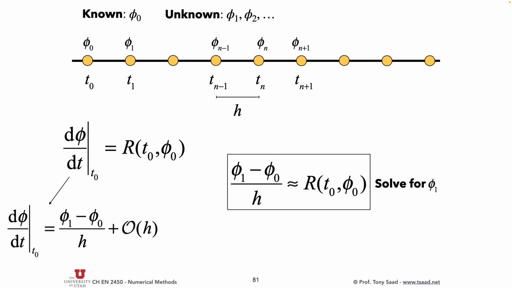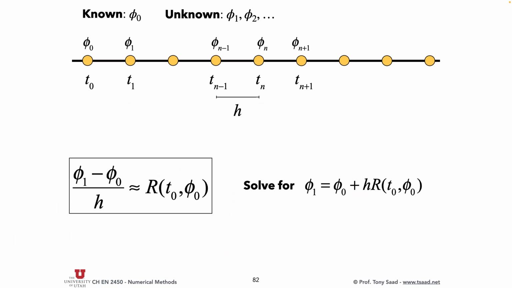That's approximately equal to r of t0 phi0. Then you can simply solve for phi1. And that gives you what Kimball said, phi1 equal phi0 plus h or delta t times the right-hand side at t0 and phi0. That's kind of pretty simple, right?